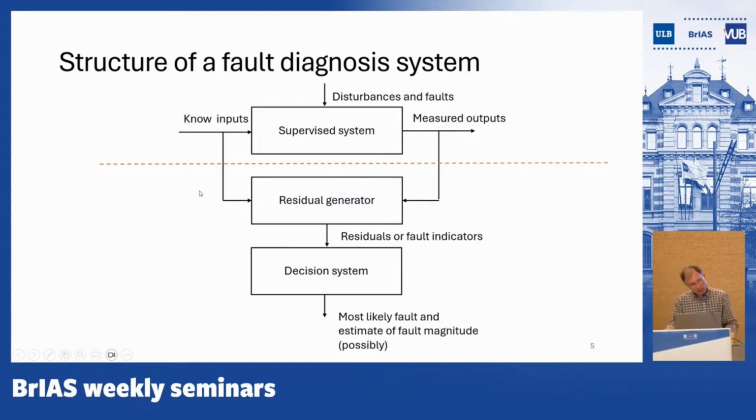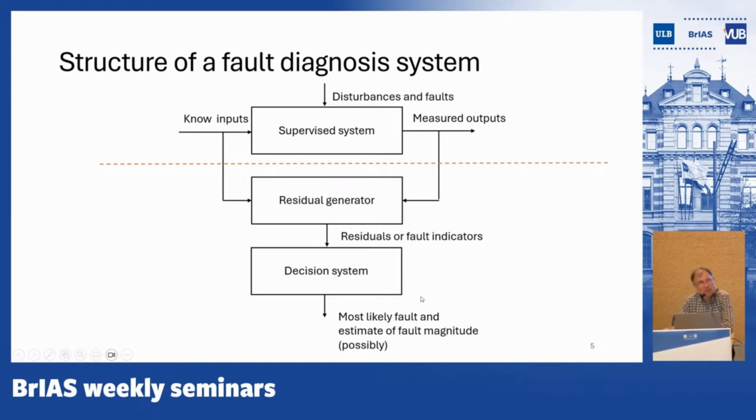And so the diagnostic system, which is what is here below, is made of typically two parts. The residual generator. So a residual is simply a fault indicator. It's a signal that will nominally be close to zero, and that will take significantly non-zero values upon occurrence of a fault.